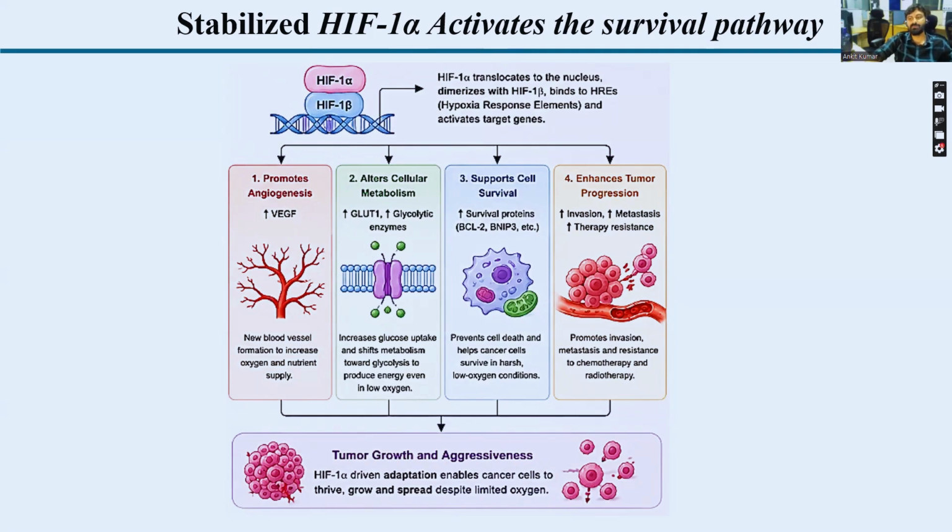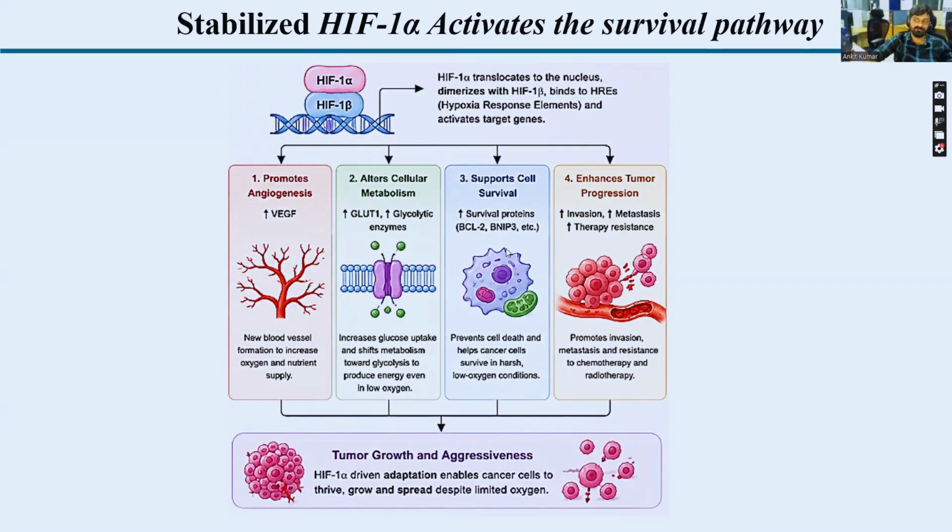So this promotes angiogenesis, which means it gives a signal for new blood vasculature formation to increase the oxygen and nutrient supply. Then it also alters cell metabolism, that increases the GLUT expression and glycolytic enzymes, that increases the GLUT uptake and shifts metabolism towards glycolysis to produce energy even in low oxygen conditions.